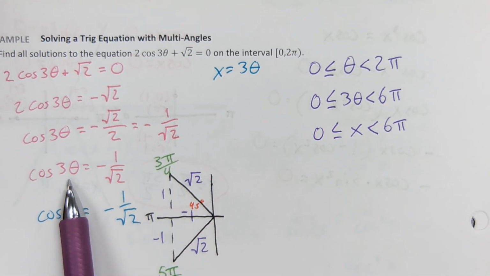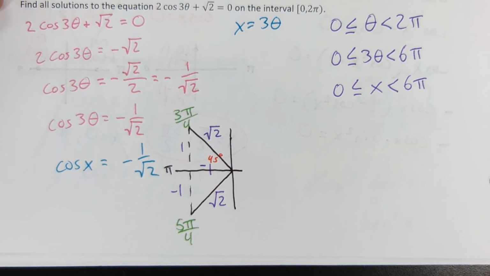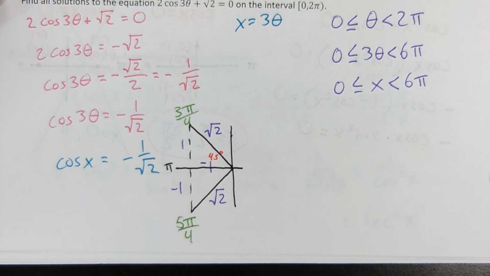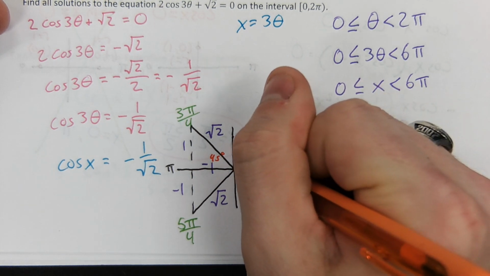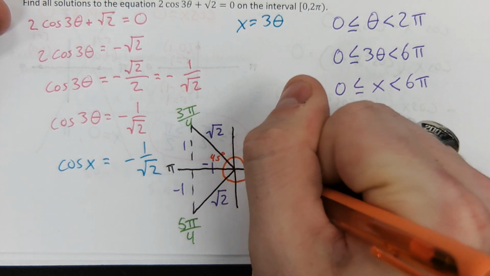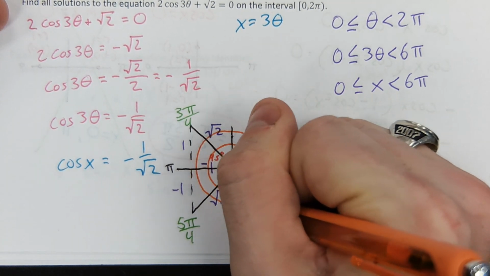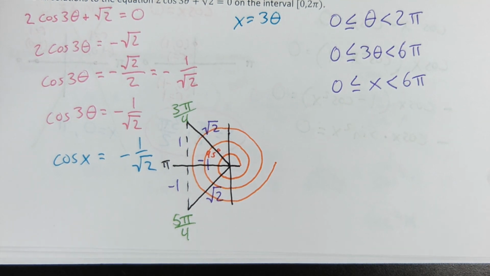Because this thing will complete 3 full cycles in 2 pi. So if you're trying to solve for x, you ready for this? 0, 2 pi, 4 pi, 6 pi. And every time it hits the ray, that is a solution.